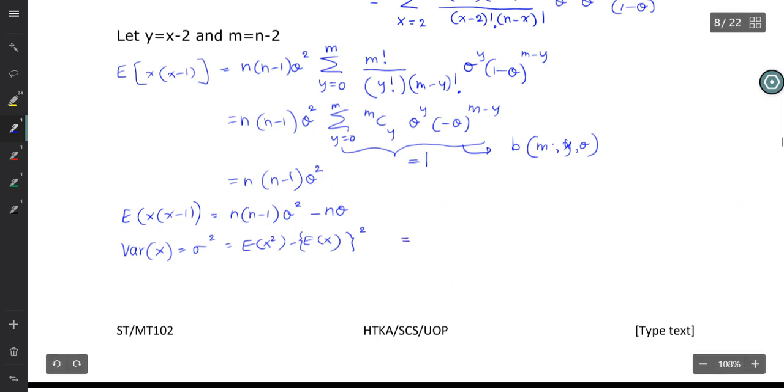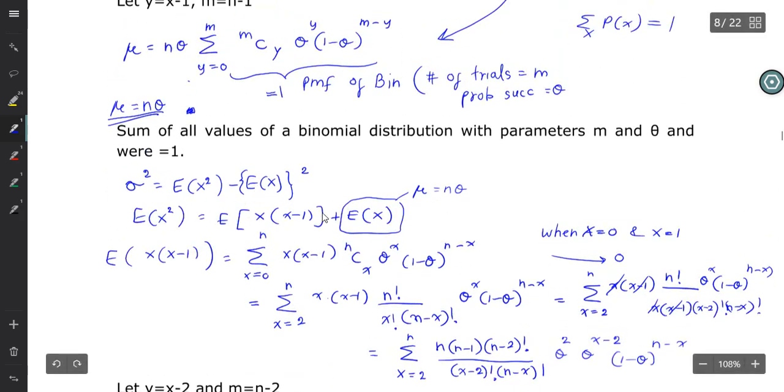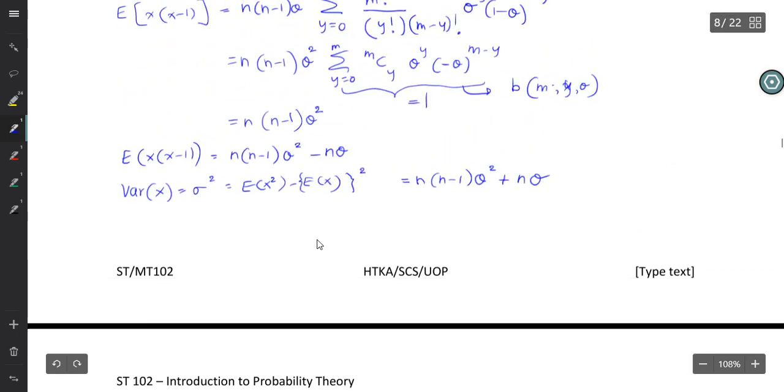So let's replace it: n times (n minus 1) theta square plus n theta. Let's double check our expression. We have the plus sign here for the E[X square] term. And then minus E[X], which is n theta, the whole thing squared, like this.